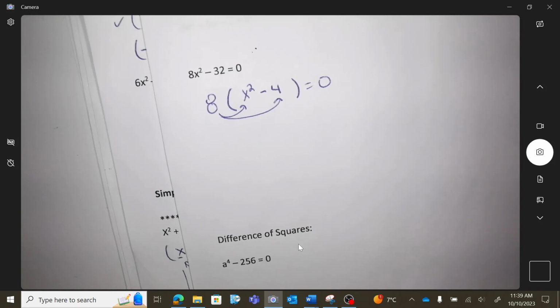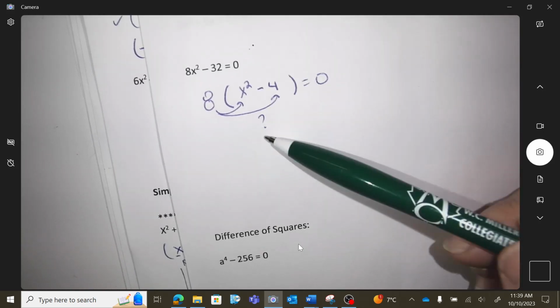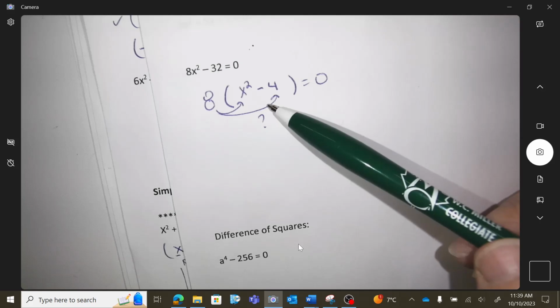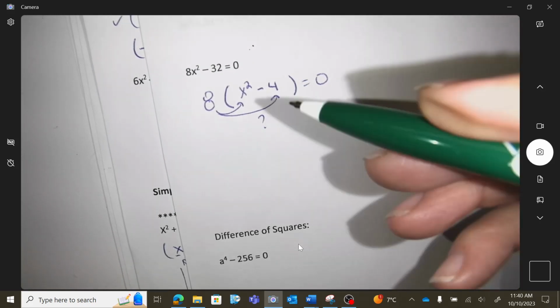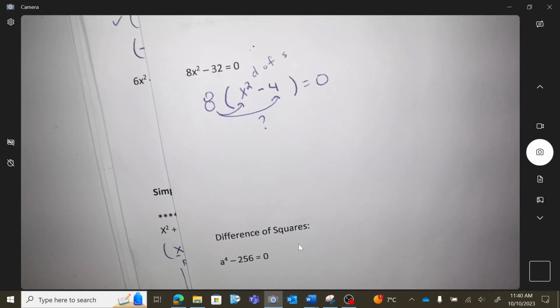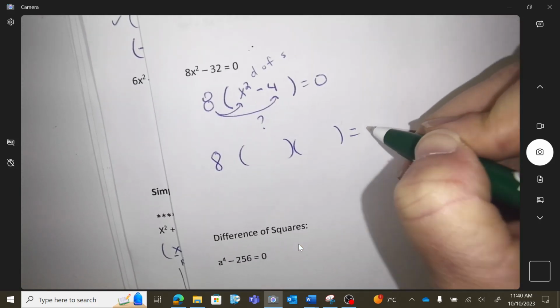And do you recognize this as anything? Anything you recognize with this section? It's a different name now. It's a difference of squares. You recognize that one? So then how do you do a difference of squares?